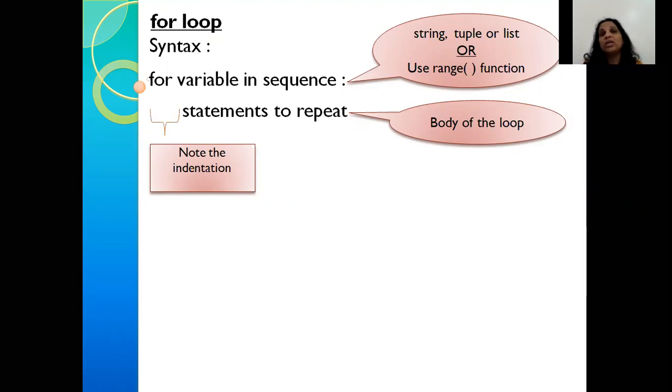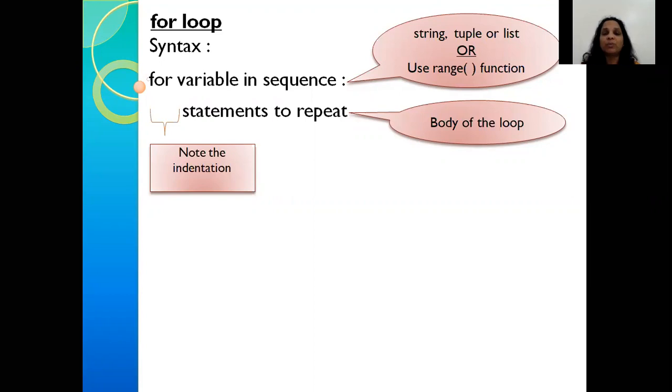Or you could be making use of the range function, because the range function is also giving me a sequence of values. Now in this chapter, you will be mostly seeing me use the range function, though I'll be giving you one example of string, tuple, or list in the coming slide. Okay. Then can you see the next line?